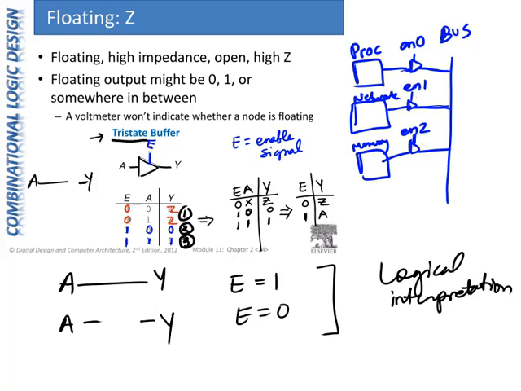Or likewise, maybe the network wants to drive information onto that bus. So its enable is 1. The other enables are 0. We don't have contention on that bus because the other two tristates basically break the connection between the input and the output of that buffer.